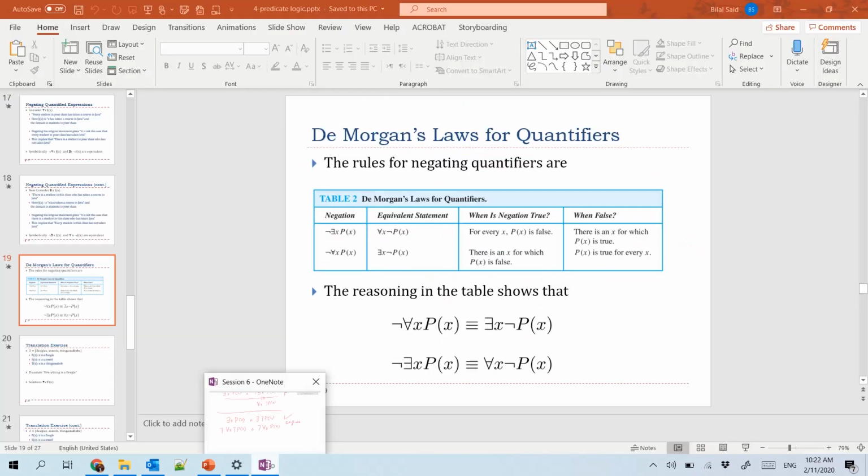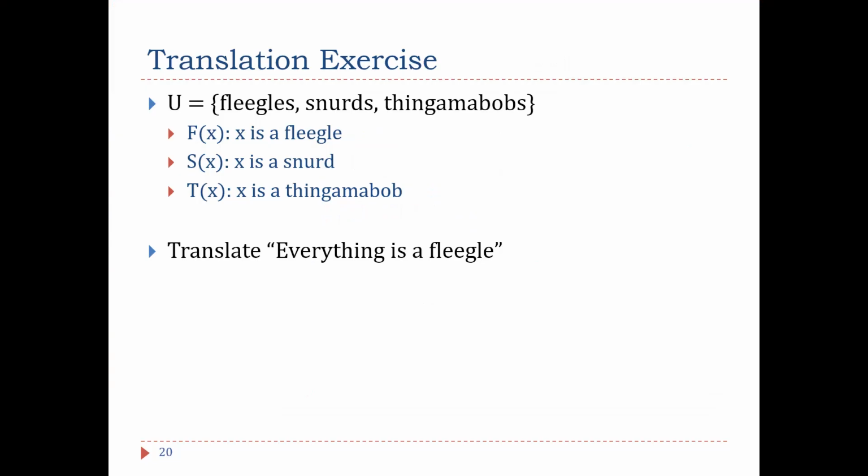So, let's check those examples. Imagine you have a universal set of elements, weird elements, where you have some elements being flegels, some others being snurds, and some other elements being thingamabobs. Anything.